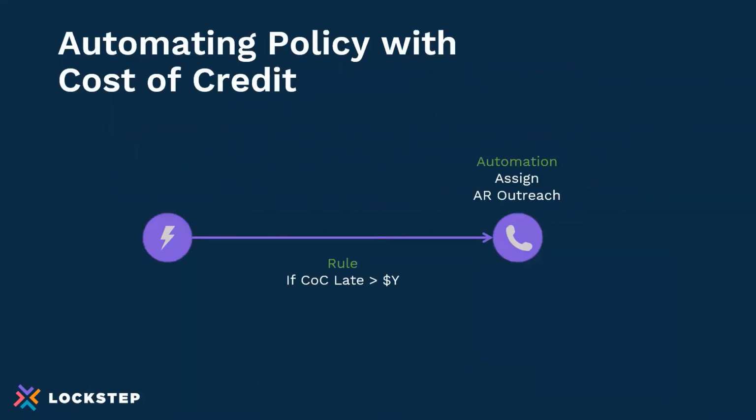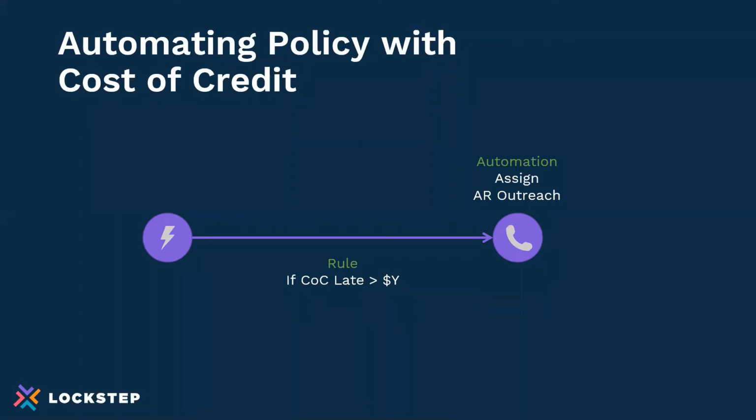Now, cost of credit metrics can be used in sequencing a number of different ways. As you can imagine, you can set a threshold so that when a certain cost of credit, in terms of financing or expenses, is hit, you may reach out to a customer and start to talk through that issue with them.